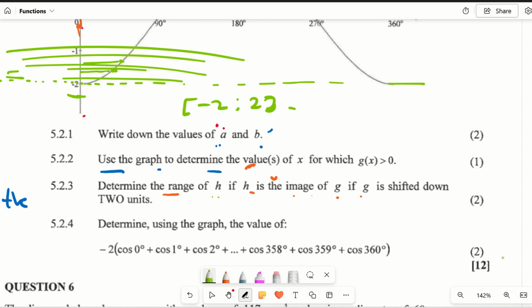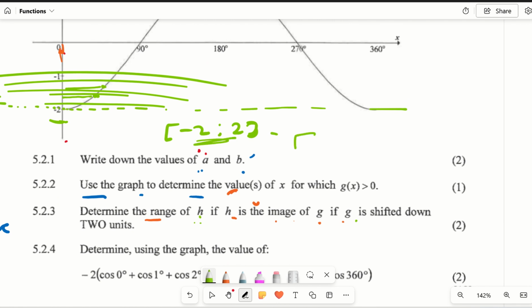Now, if they ask you to find the range of a new graph h, which is just g shifted 2 units down, that means you're gonna shift the range 2 units down. So -2 minus 2 is -4, and this 2, you also minus 2 from it.